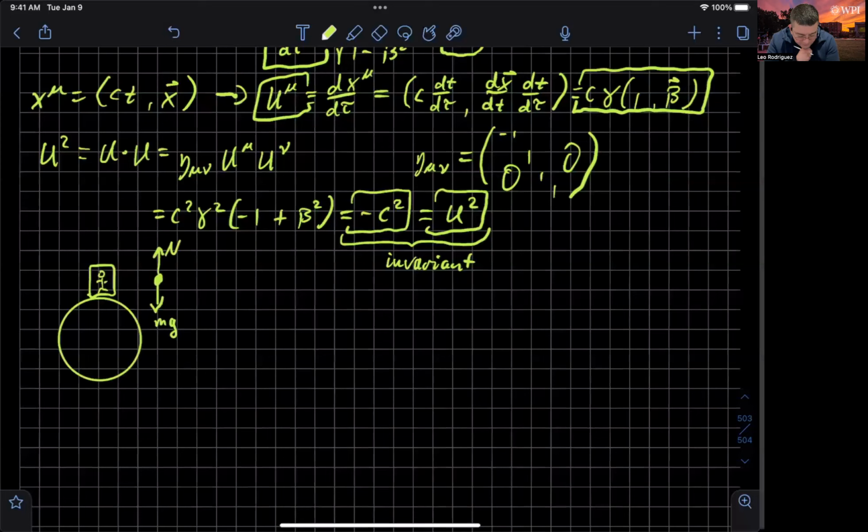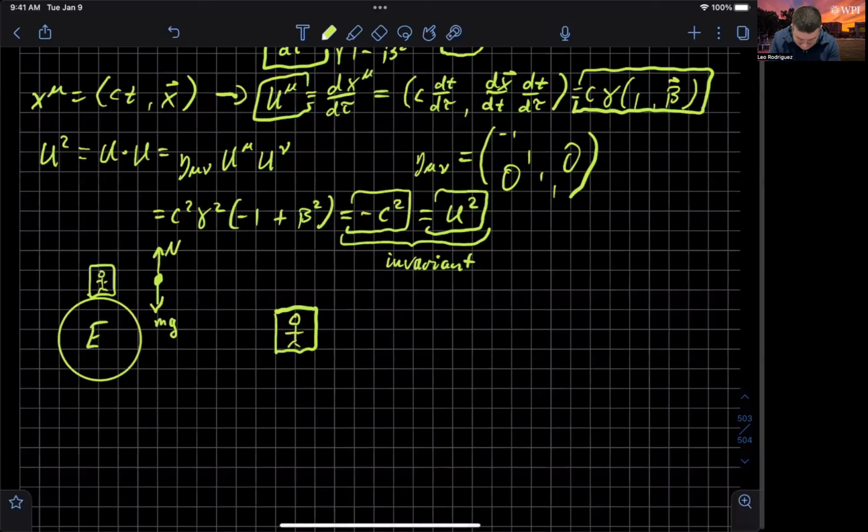But now you could remove the Earth, and let's just have the box here. And there's no windows in the box. That way the observer, the person inside, doesn't know whether or not they're standing on the Earth or not. Which is the key.